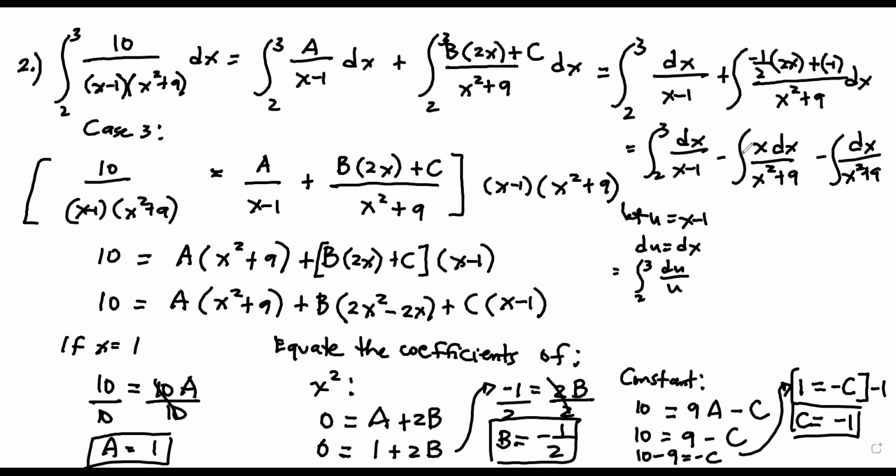And then we let u be equal to x squared plus 9. The derivative of u is 2x dx. Divide both sides by 2. So you will have minus 1 half integral of x dx, that is equal to negative 1 half du over u.